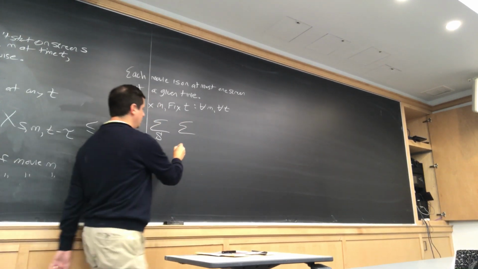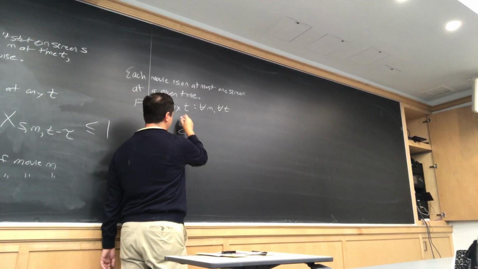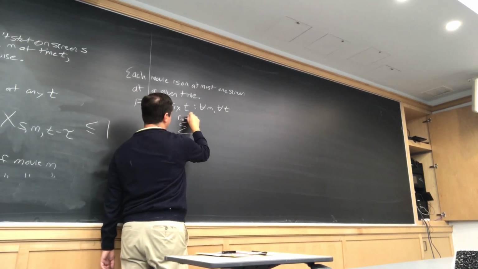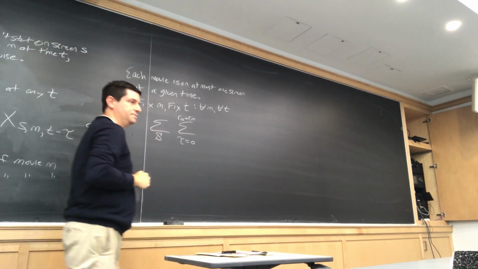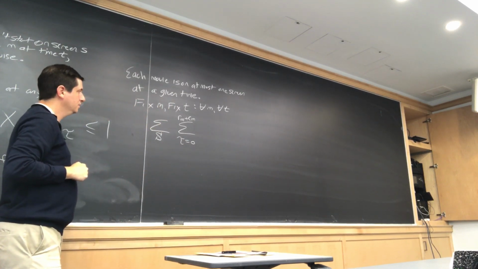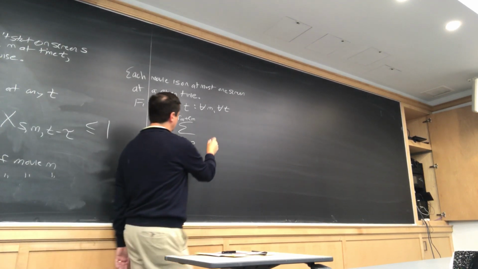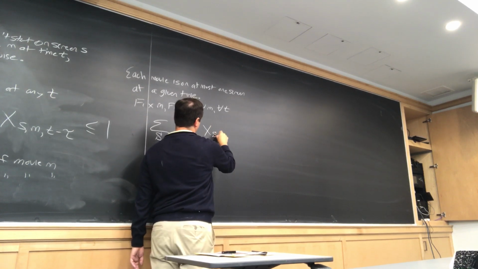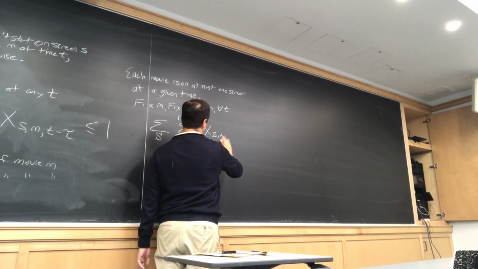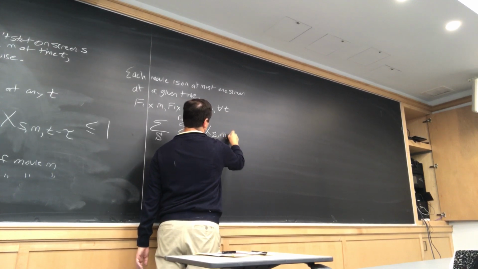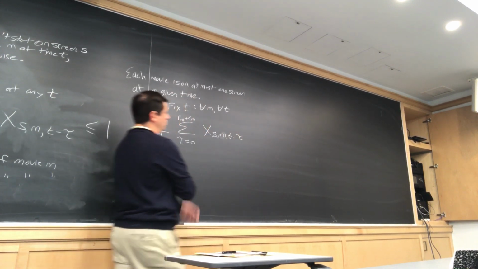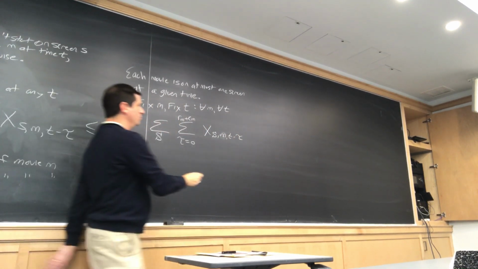So we would probably have a sum, maybe tau goes from 0 to the runtime plus the cleanup time. And then maybe x, s, t, m, t minus tau. So let's see if that works. And we want that to be at most 1.